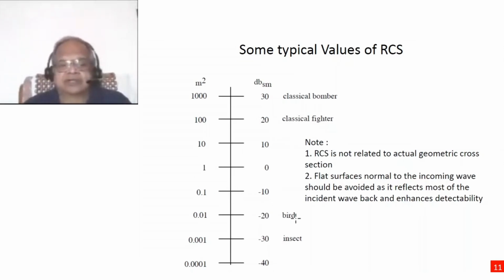Typically, if you take a bird, its radar cross section is 0.01 square meter, and an insect is 0.001 square meter. This is just to give you a flavor of the kind of numbers we are talking about. These numbers are nothing written in stone. You just understand that for modern aircraft, the radar cross section is 1 square meter or less, and most of them are less than that now.